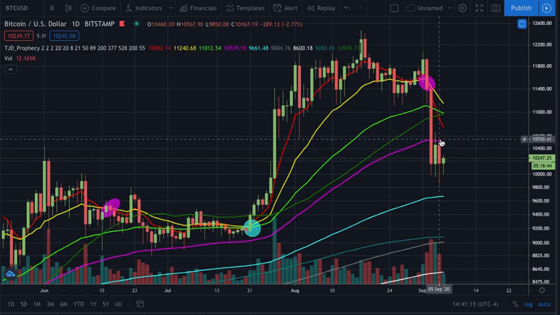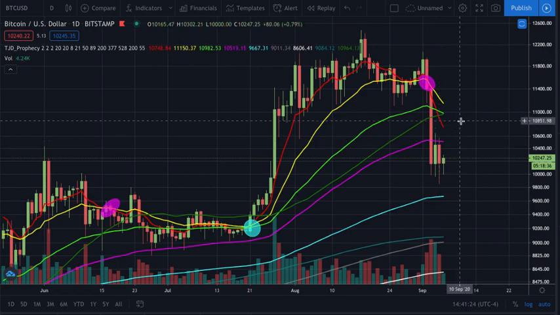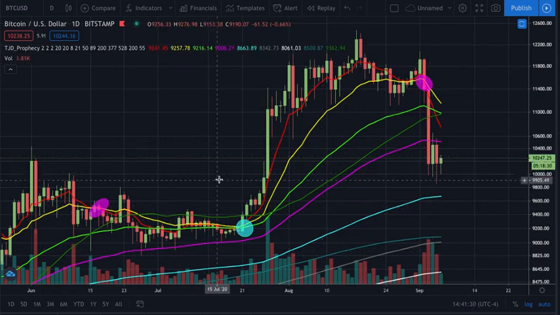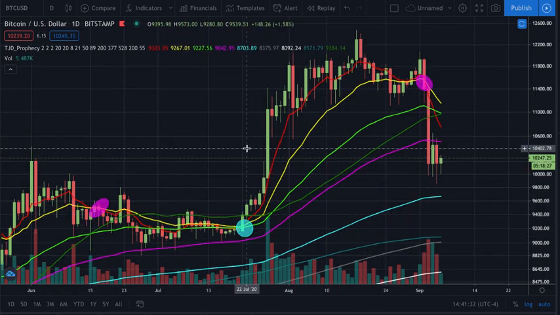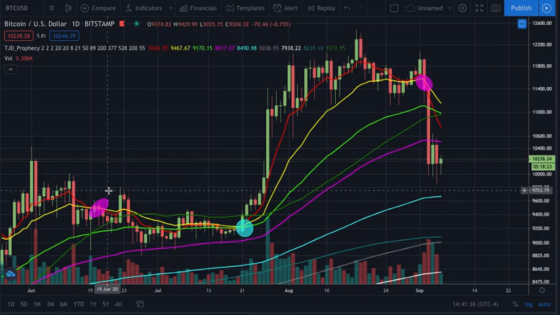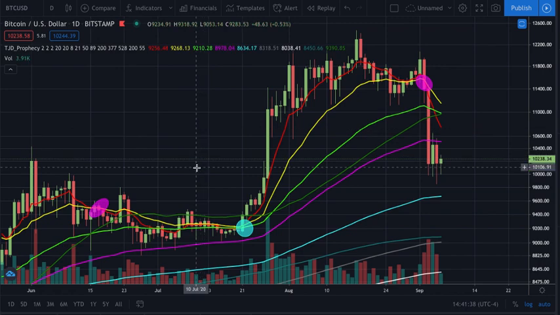So the 4 hour 528 is the same as the daily 89. You know, within reason. Not exactly, but within reason. And you will notice that every single one of these moving averages specifically uses that Fibonacci equation, well, except for the 50 and the 200, but very close.